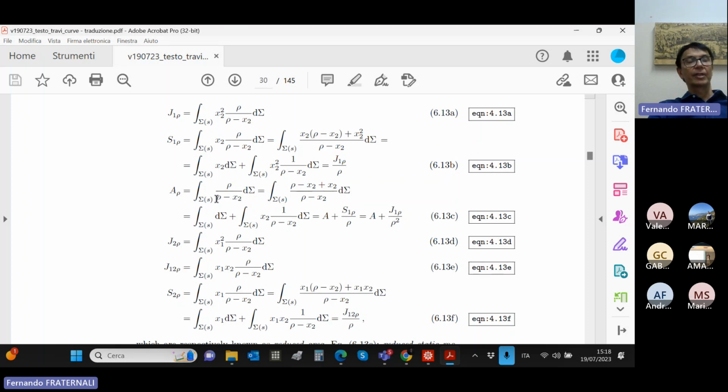This is the Jacobian of the transformation from the coordinates to any system of Cartesian coordinates, and this J is nearly 1 for beams with small or moderately large curvature, because in that case rho is a large number.